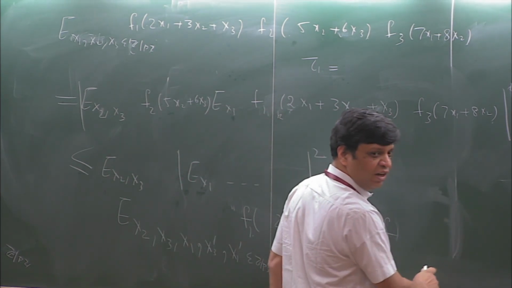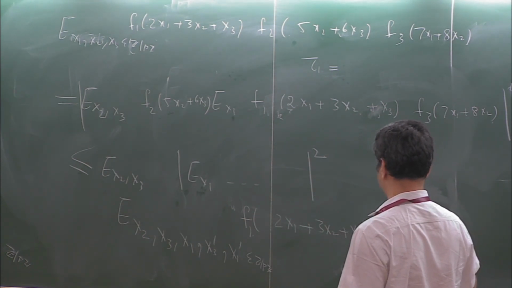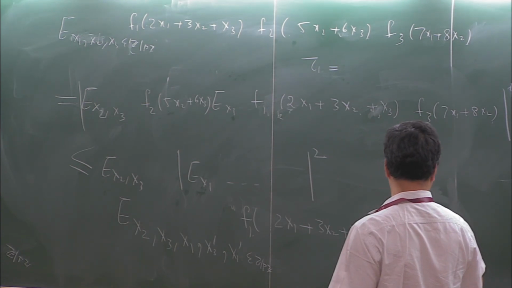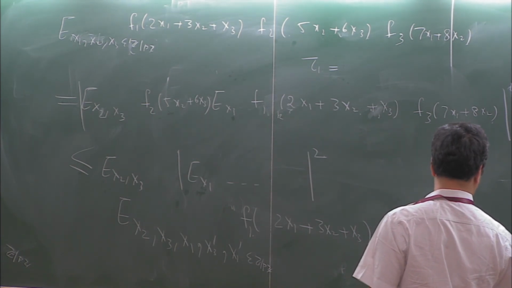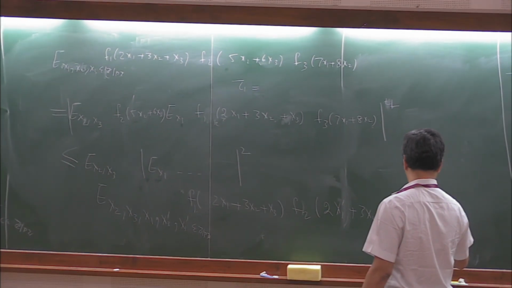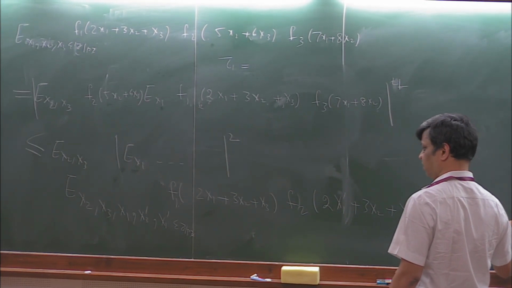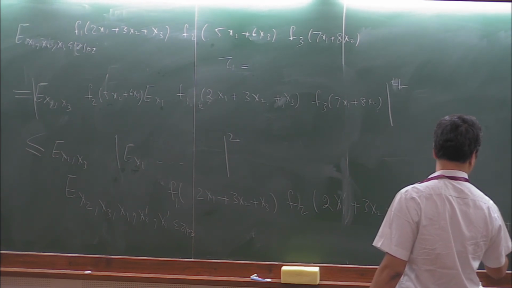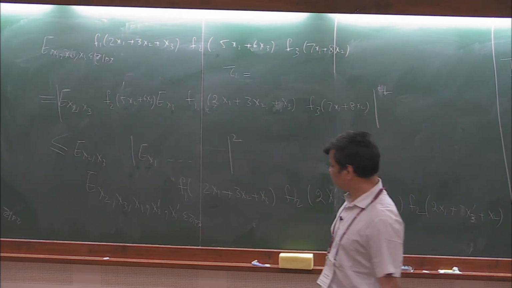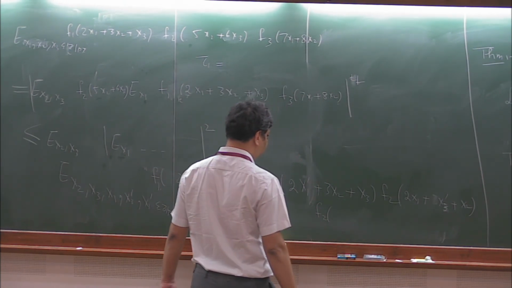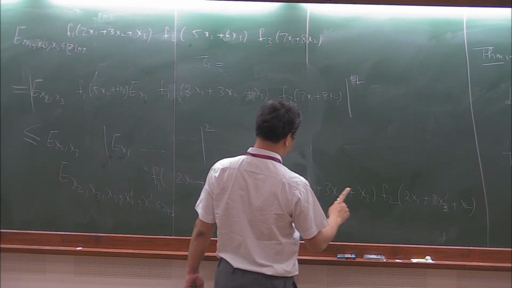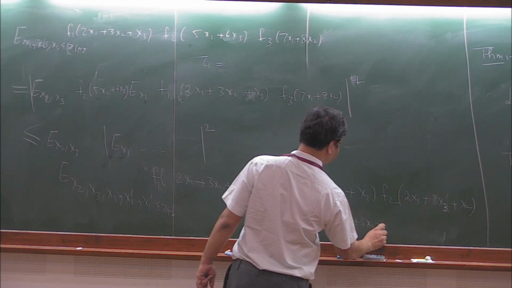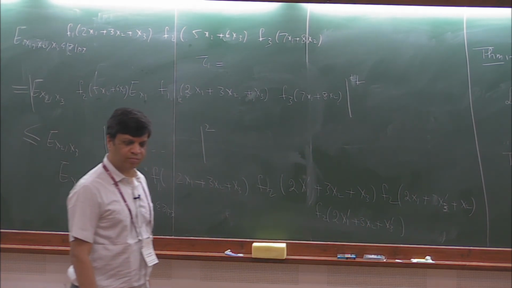All the functions I have gotten rid of. f2 of 2x1 prime plus 3x2 plus x3, f2 of 2x1 plus 3x2 prime plus x3 prime, and f2 of 2x1 prime plus 3x2 plus x3 prime. That is what it will become.